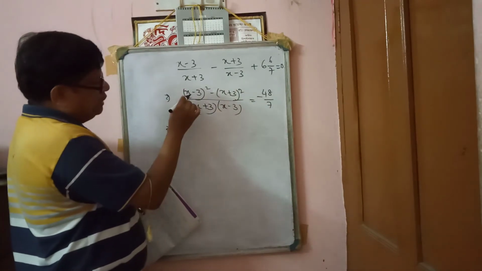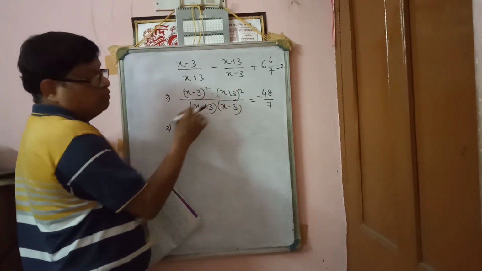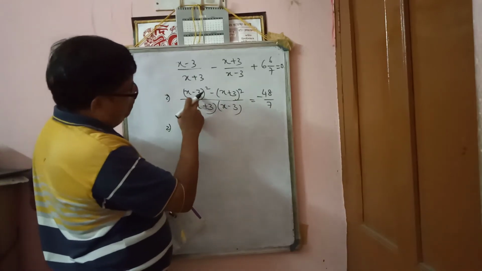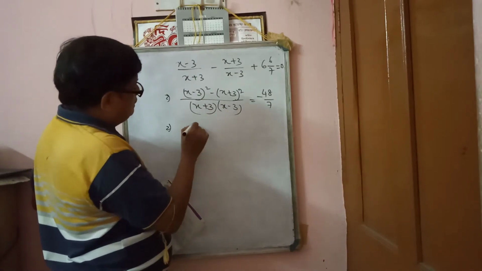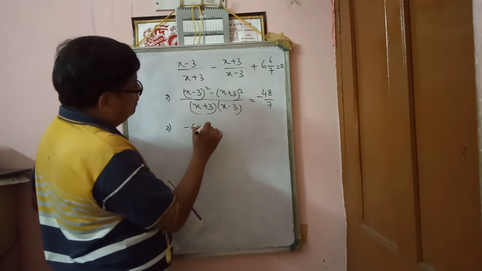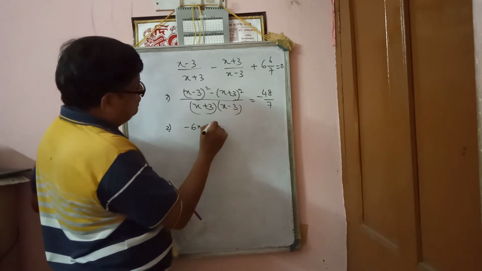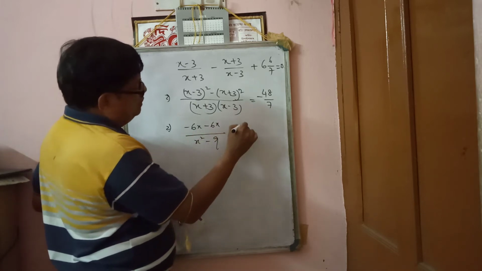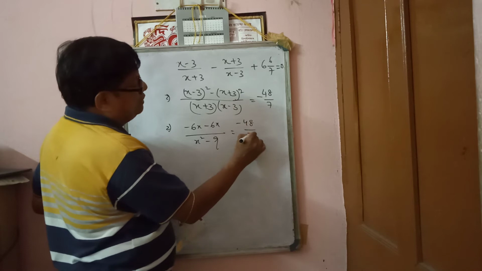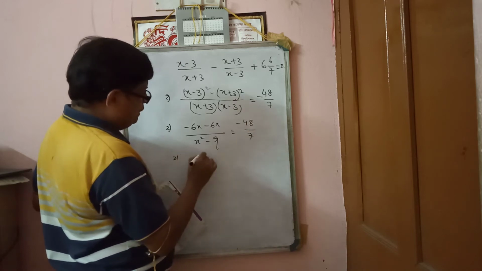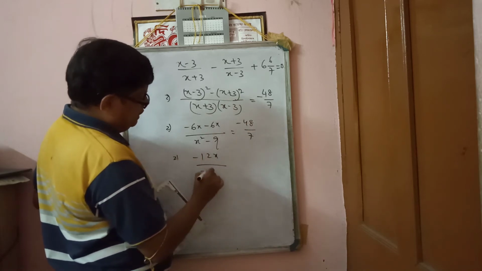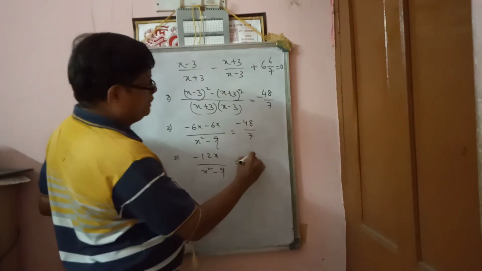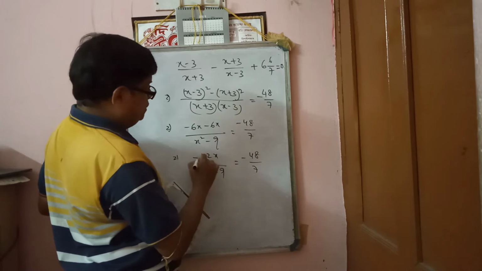Expanding, x square cancels here, so minus 6x here also minus 6x, by x square minus 9, equal to minus 48 by 7. So minus 12x by x square minus 9 equal to minus 48 by 7.